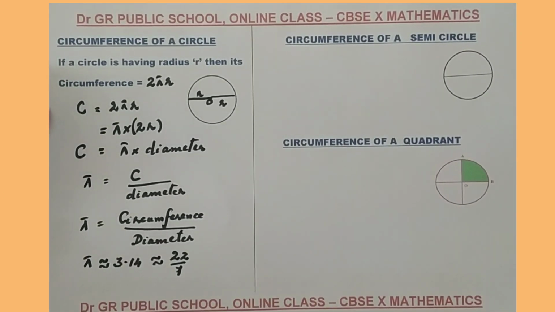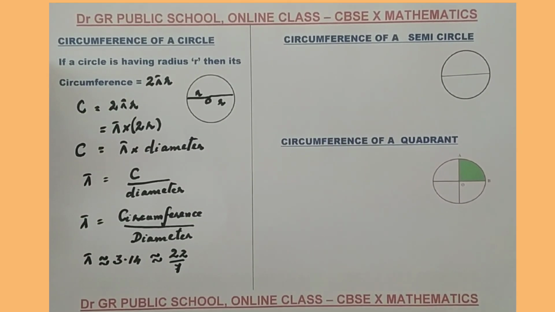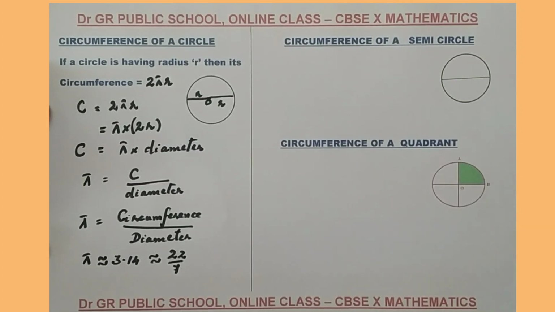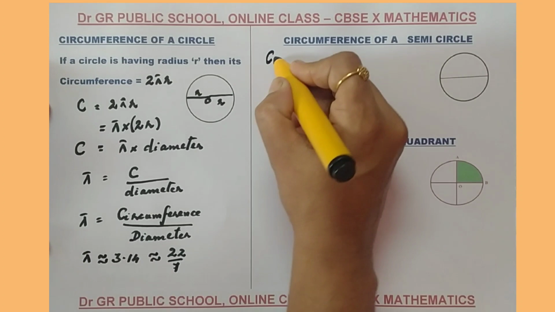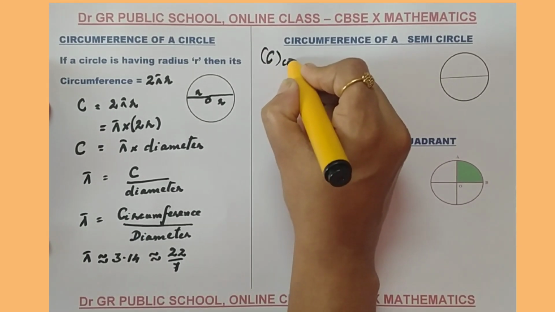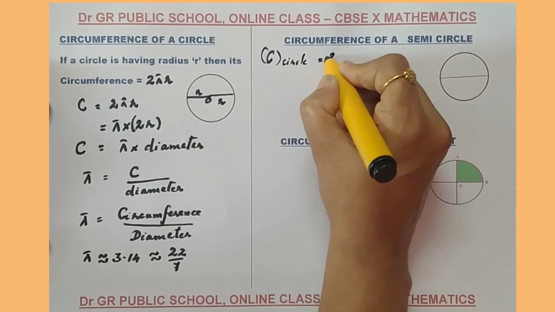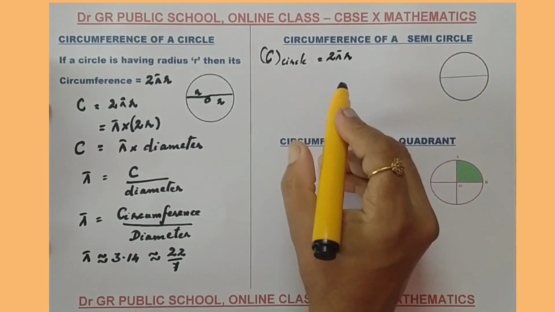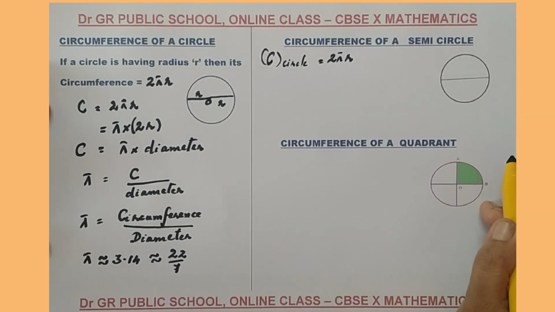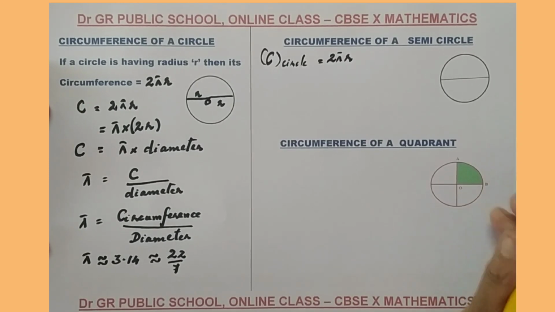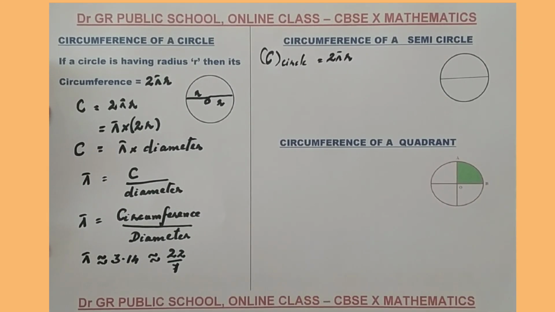Now, I will show you the circumference of a semicircle. It is very important. Many of you may think that if 2 pi r is the circumference of the circle, then half of this circumference will be equal to the circumference of the semicircle. But actually it is wrong. Now, listen here.